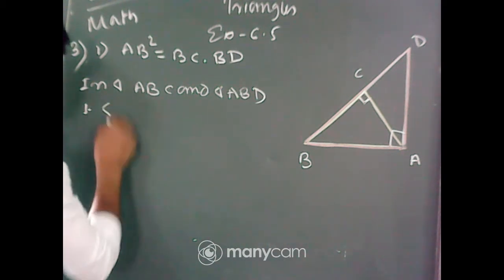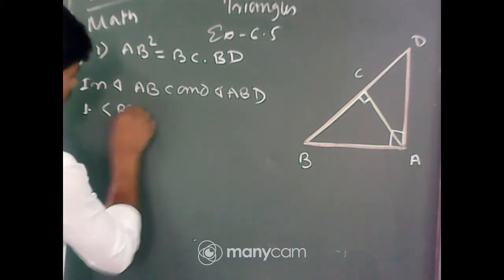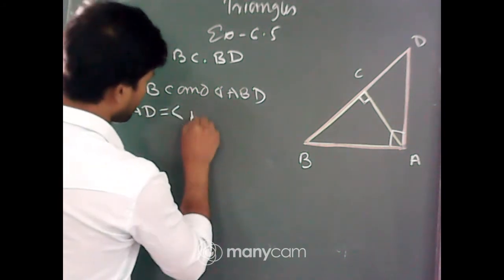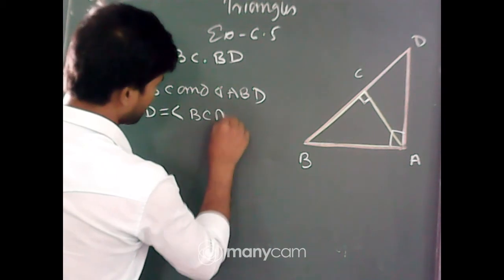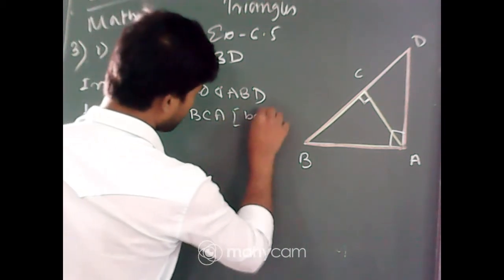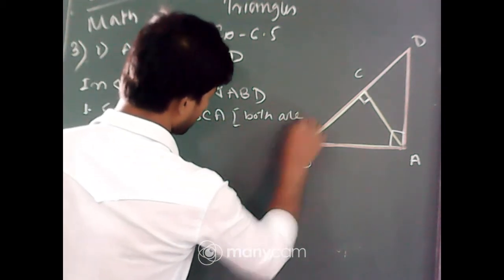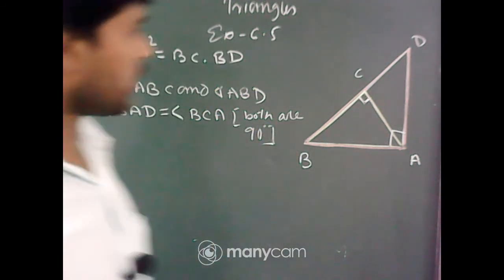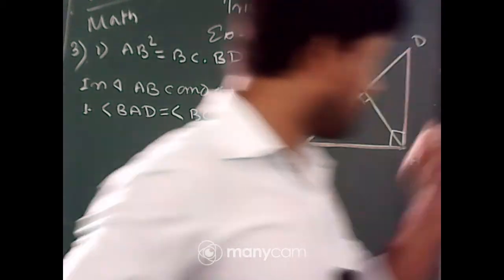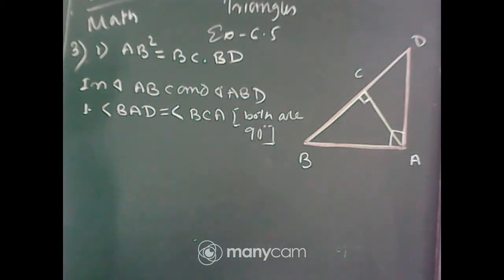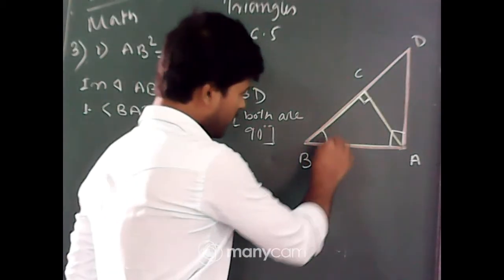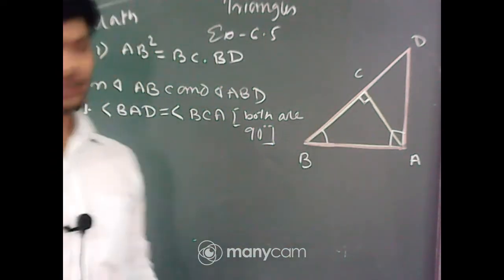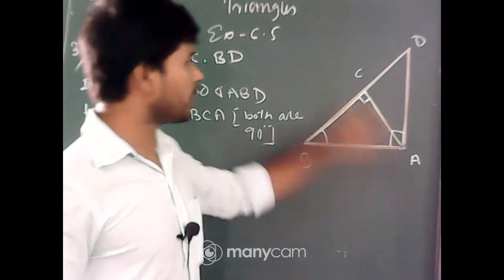So the first condition is angle BAD is equal to angle BCA, because both are 90 degrees. And the second condition: angle B is a common angle. This is an angle of the triangle ABC, and also an angle of the triangle ABD.